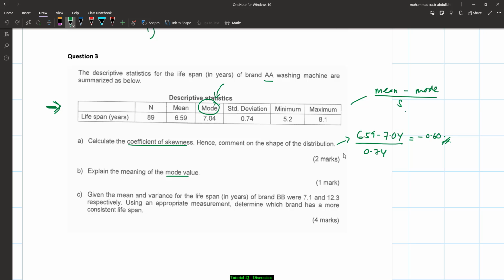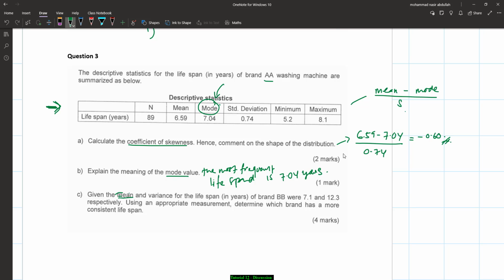Mode means the most frequent lifespan is 7.04. The most frequent lifespan, right, is 7.04 years, right?